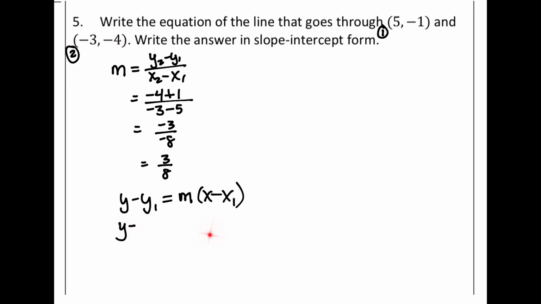That's a good bonus for that one. 1 isn't as big and 5's positive, so I don't care either way. Let's just use point 1. So we end up with y minus -1 is equal to the slope we just got times x minus 5.